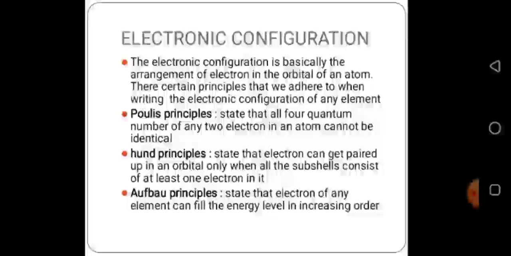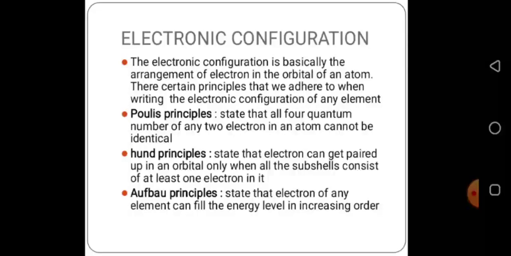So let's see the electronic configuration. Before we see the electronic configuration of halogen, electronic configuration is basically the arrangement of electrons in the orbitals of an atom. There are certain principles that accompany writing the electronic configuration of any element.